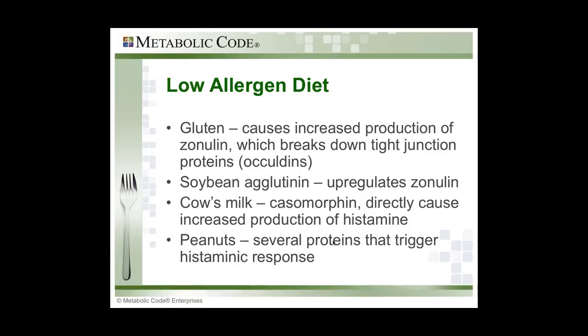So you can see here, gluten causes increased production of zonulin, and it causes it in everybody. The difference is whether you'll have a problem from gluten-containing grains, and they're trying to figure out why some people have an increased response compared to others. Some people, the zonulin will increase, and you'll get a short time where you have the tight junction proteins broken down, and you have a little bit of gut permeability, but it goes away quickly.